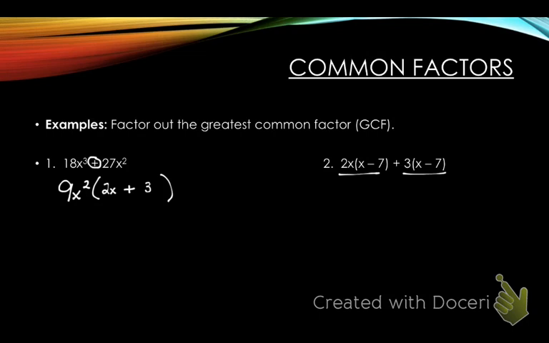The x minus 7, right? So whenever I do this, I'm going to have x minus 7 times 2x plus 3. Whatever's left on the outside goes together, and the x minus 7 is its own parenthesis there.